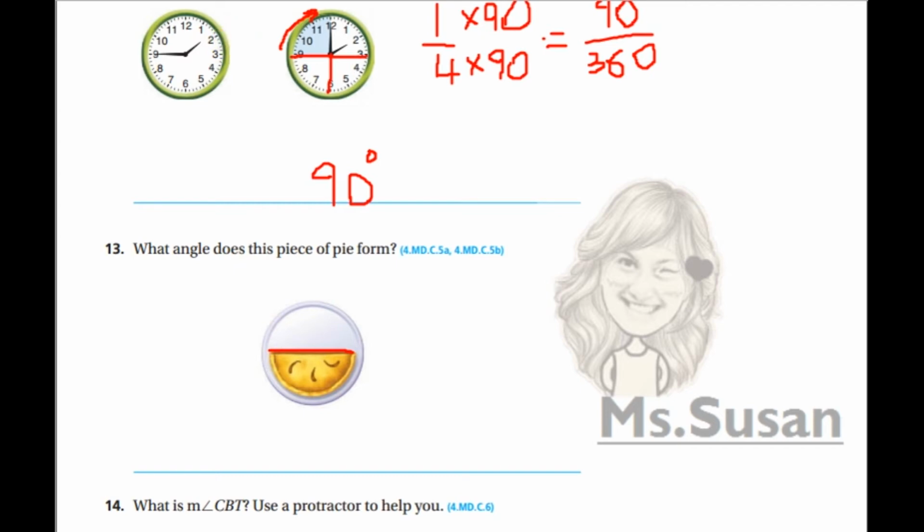So it forms the shape of a straight angle. So this is called a straight angle when the shape is like a straight line. So the shape of the angle is like you cut the circle into 2 equal parts, so a half of the circle. So this is also called a straight angle.